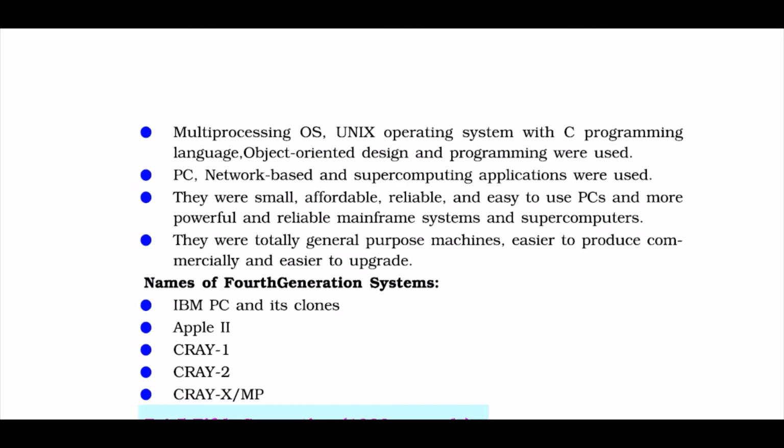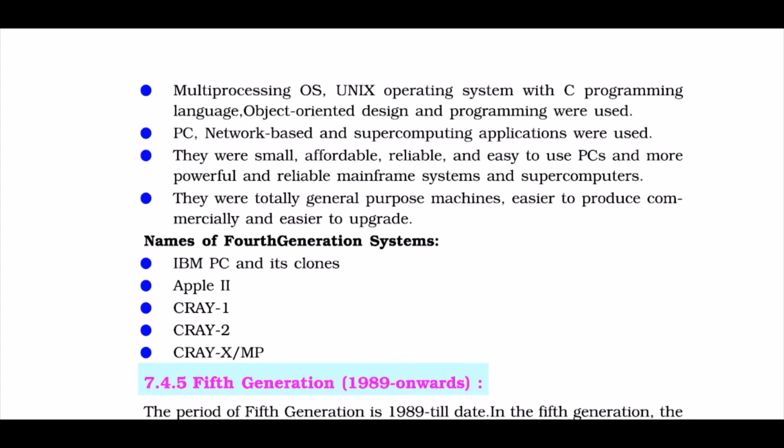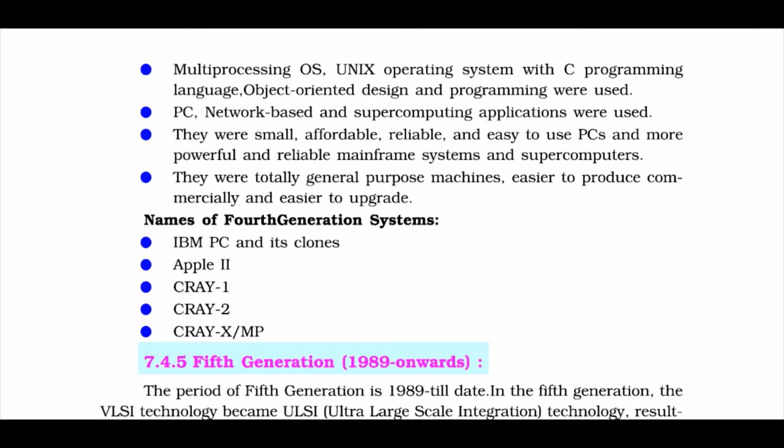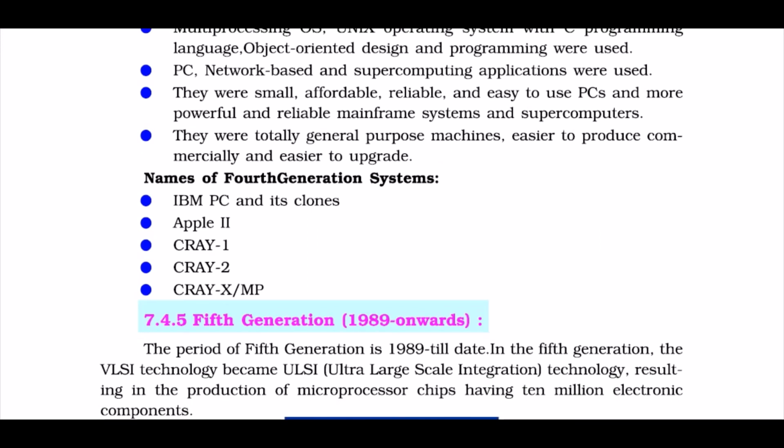Multi-processing operating systems such as Unix and the C programming language were used. PCs, network-based and supercomputing were small, affordable and reliable due to very small integrated circuits. Fourth generation computers include IBM PCs and their clones, Apple II, Cray 1, Cray 2, Cray X-MP.